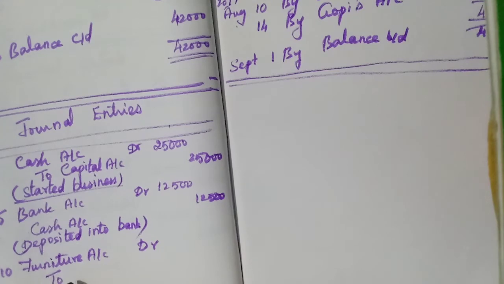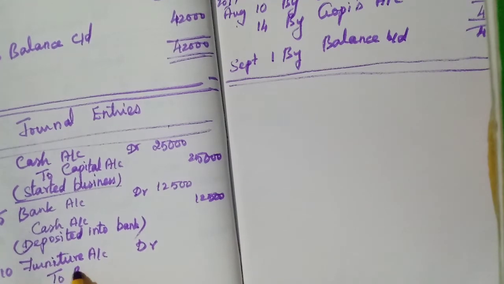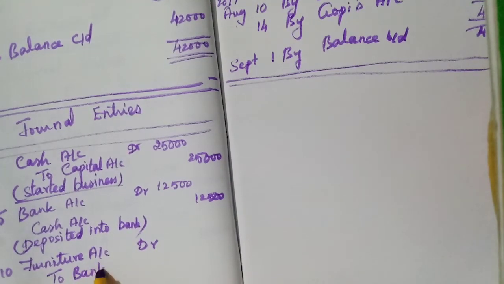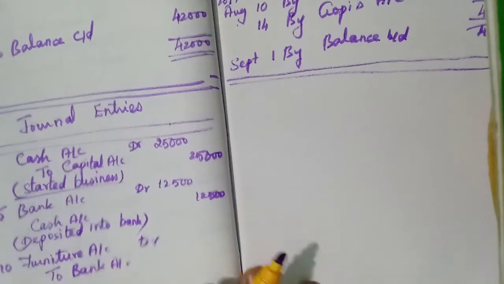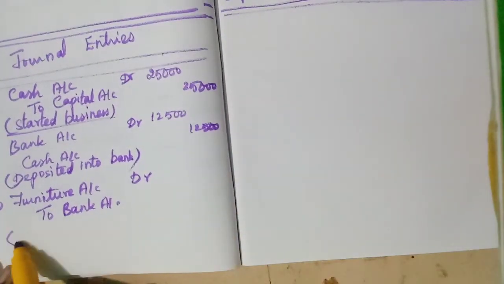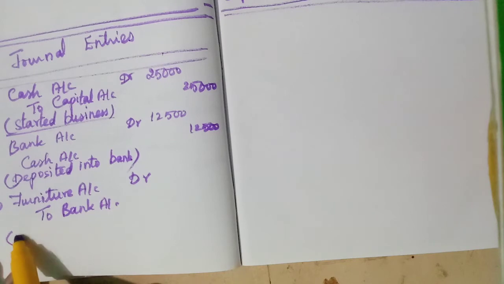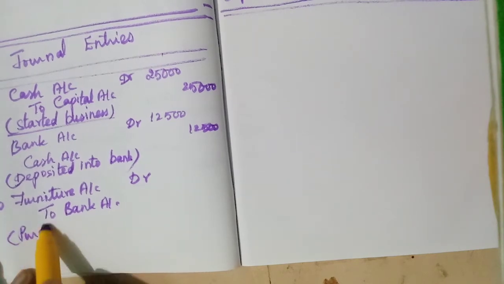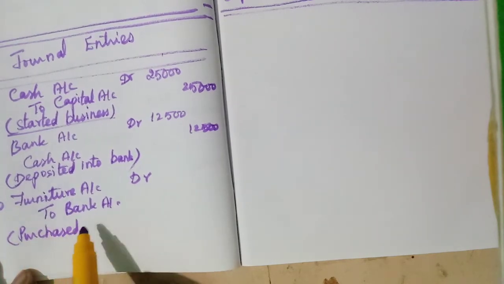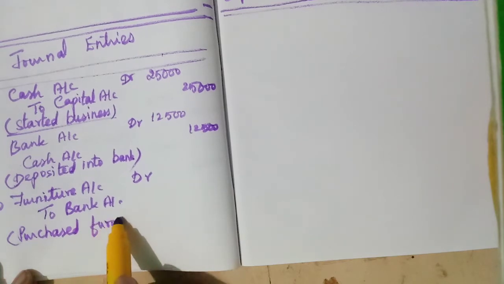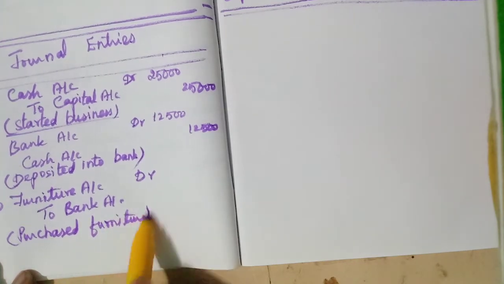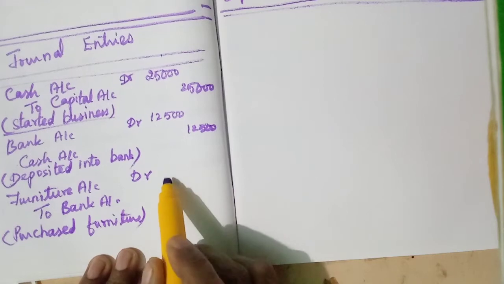Here payment is made by check. So personal account, bank is paying. So to bank account. Okay. Then furniture, purchased furniture. 2,000.